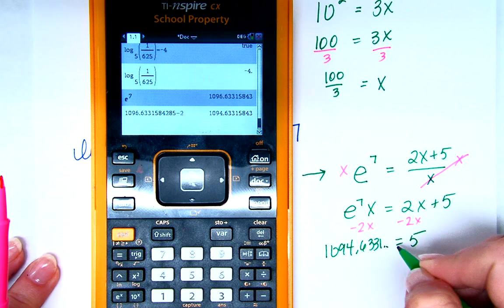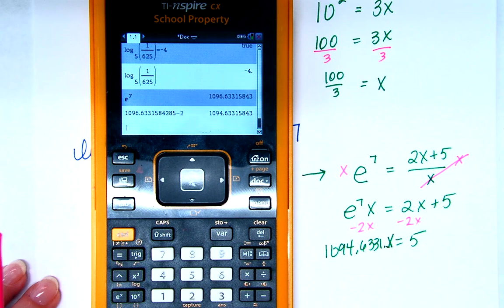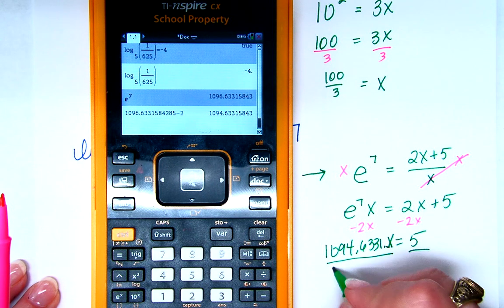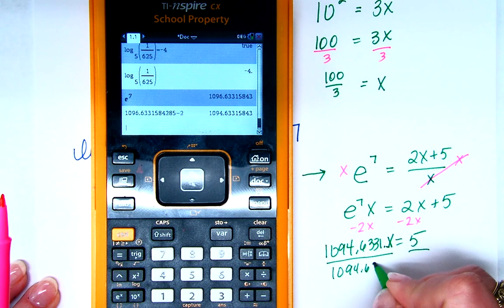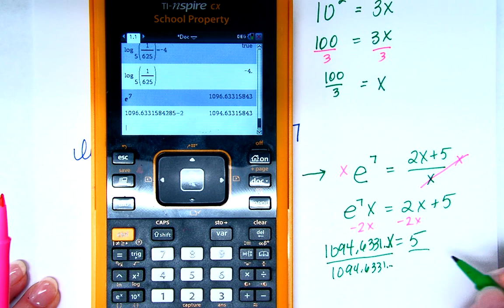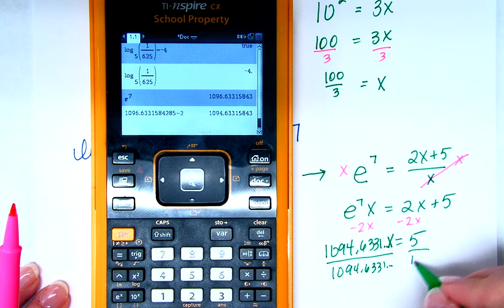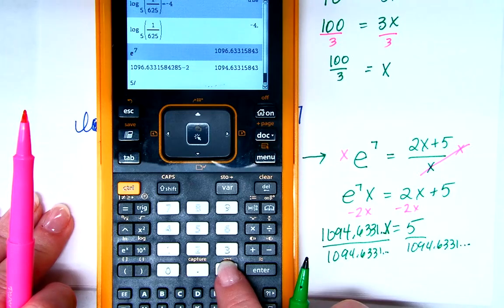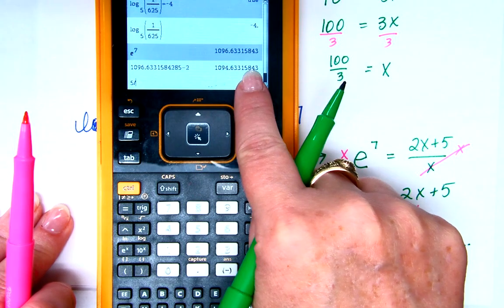1094.6331, but I'm still not done because I still have to divide both sides by that number, right? Divide both sides by that number, 1094.6331 something. Not rounding all the way. So 5 divided by, I'm going to use my calculator's answer property because I don't want to have to type that whole number in.